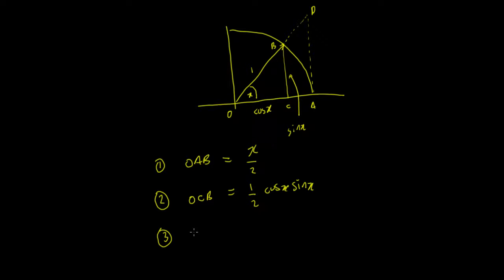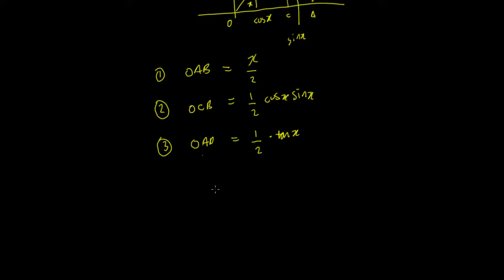And finally, the bigger triangle OAD, the area of that again is half base times height. Well, the base of this is just that length, which is 1, the radius of the circle. So it's a half of 1 times this height here. This height here is just going to be our value tan x. So that's just equal to a half tan x.